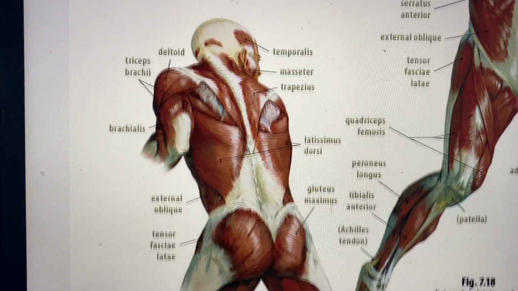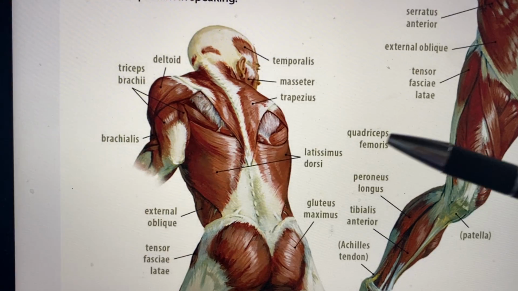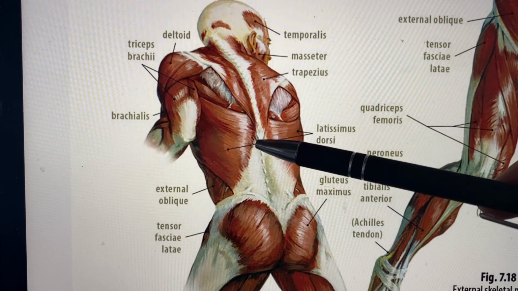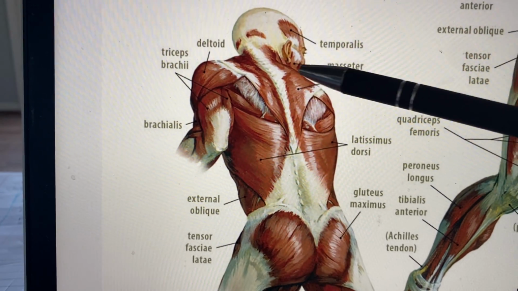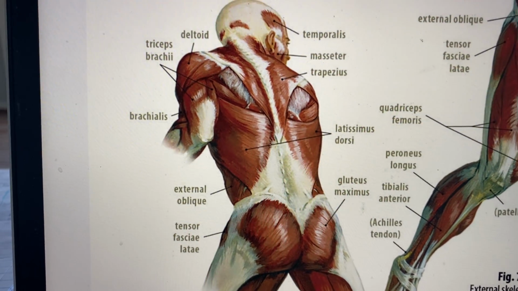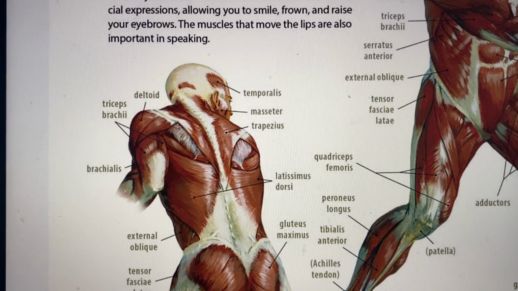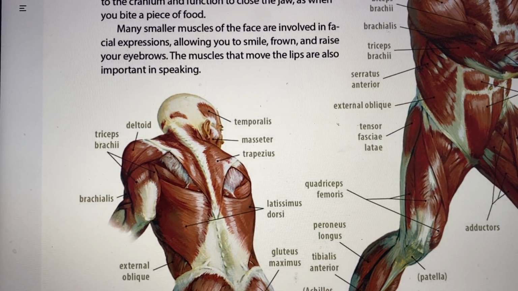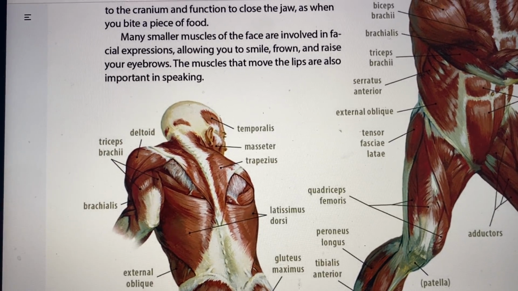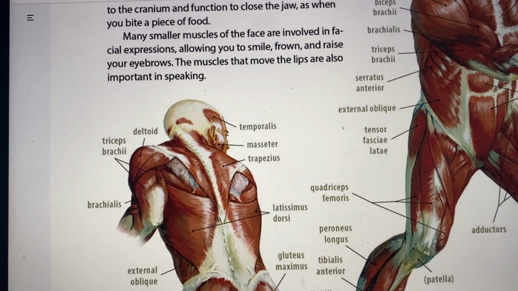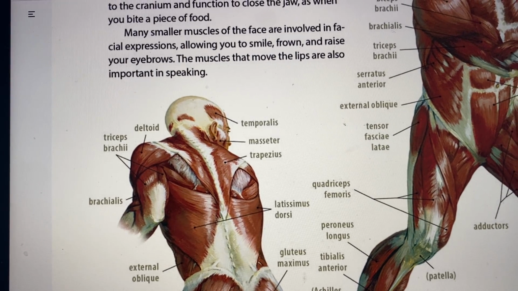Let's go down here. We can see where it is better on your back. Right down here, kind of like this triangle look, trapezius. So this muscle is for pulling your shoulders back and shrugging and tilting your head sideways. Trapezius muscle is pretty important.